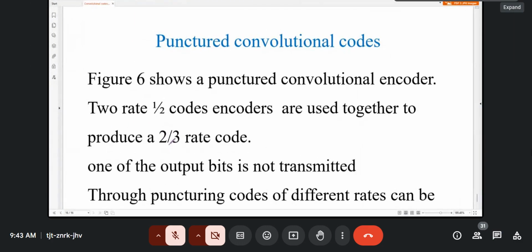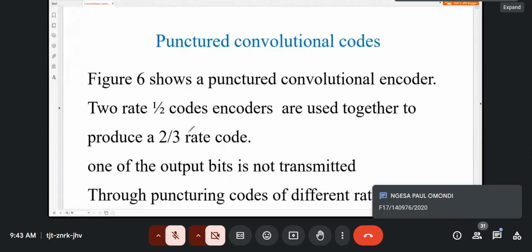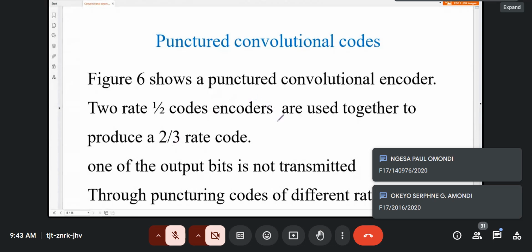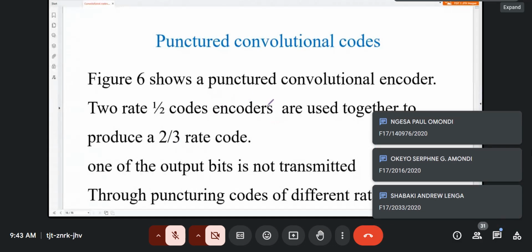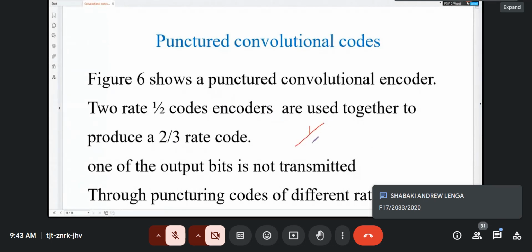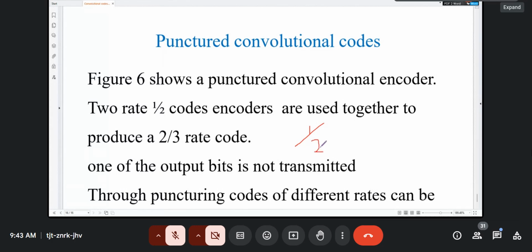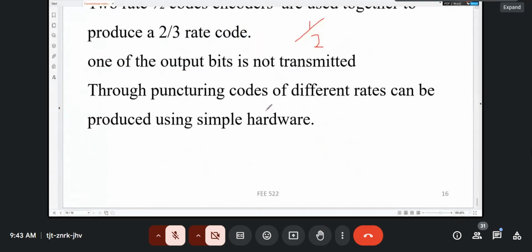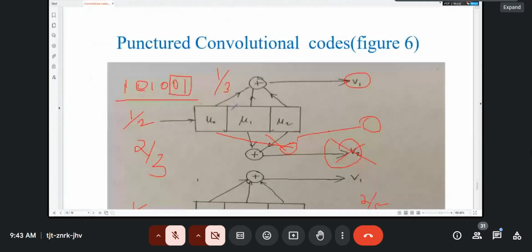That will be a 2 by 3 rate code. But that is a bit complex. So sometimes we prefer to use one where you have only one input bit, 1/n in general. But in this case, if you want 2 by 3, you are going to use two 1/2 encoders. These are the two 1/2.